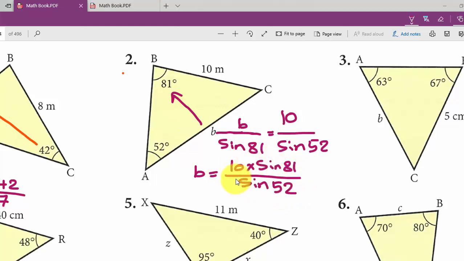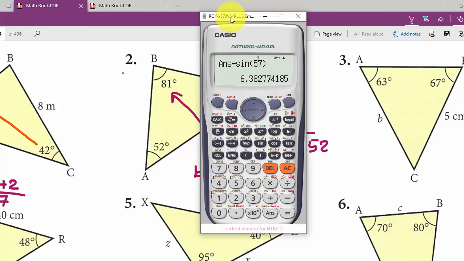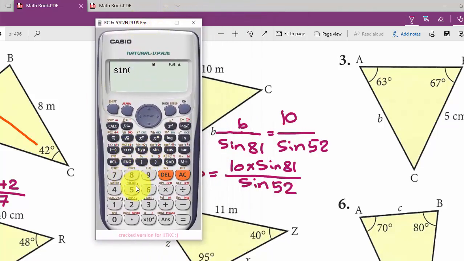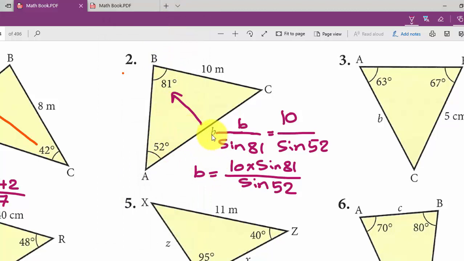So we're going to type this in the calculator, and it gives the length of B. Sine of 81 is equal to this, should be multiplied by 10, and the result should be divided by sine of 52. Here we go, it's 12.5. B small is, for question 2, B is 12.5 centimeters.